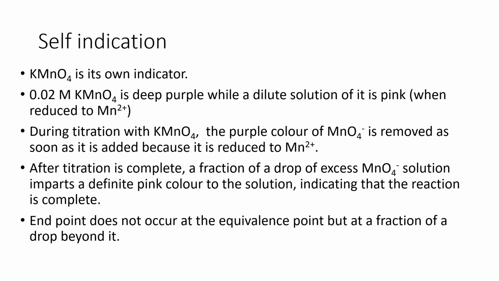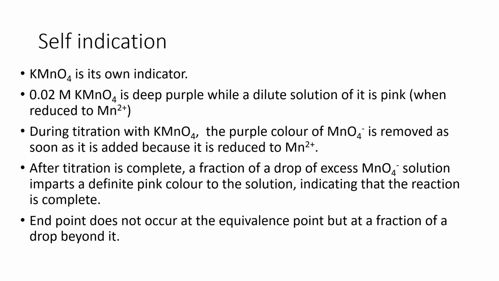There are some, however, that are self-indicators. An example is KMnO4. When we do KMnO4 titration, we don't add any indicator whatsoever, because the titrant itself is its own indicator. We know KMnO4 is a deep purple colored solution.